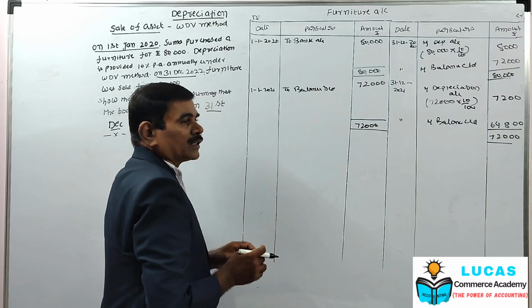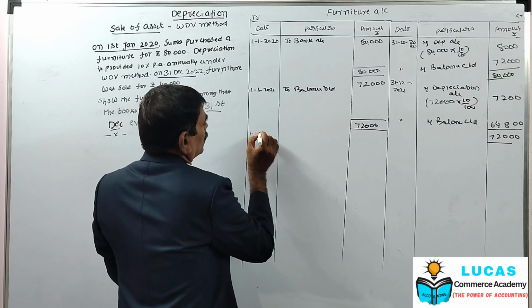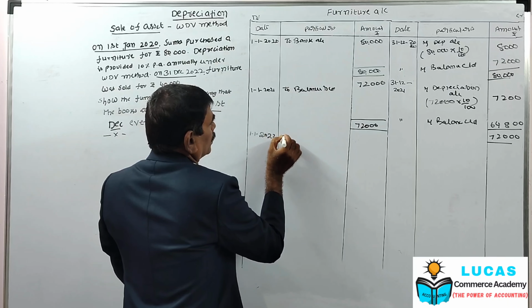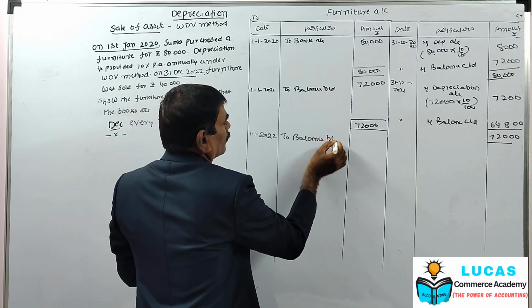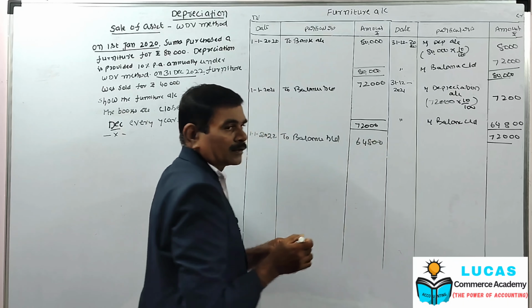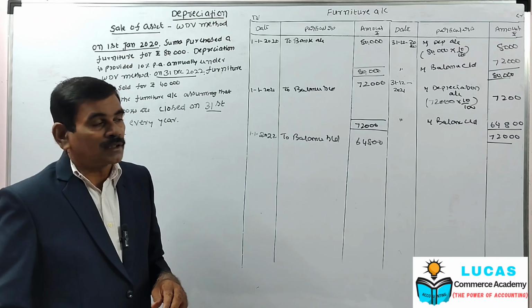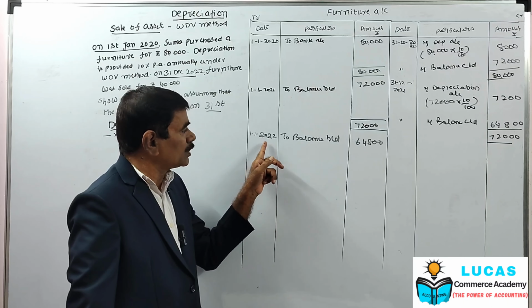Then the same balance is brought forward to the next period, that means 1/1/2022, to balance brought down 64,800. Then no transaction takes place between 1/1/2022 and 31/12/2022.